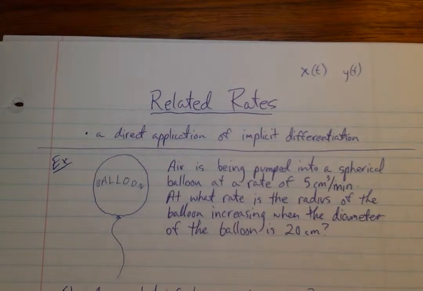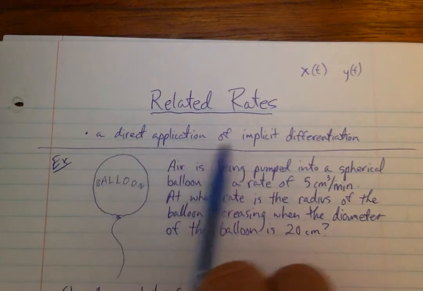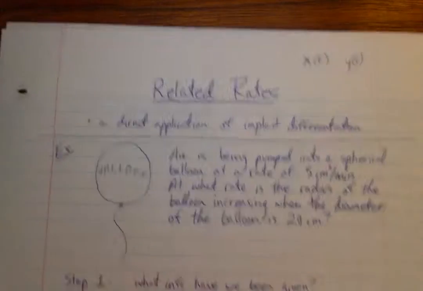And now we're going to get to one of the coolest applications of calculus that we've seen so far, and that's related rates. I could literally spend the next hour telling you all the applications of related rates, but instead we're just going to dive right into it. It is a direct application of implicit differentiation. So let's get to it, shall we?